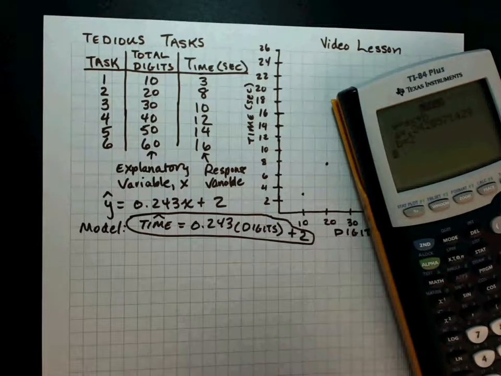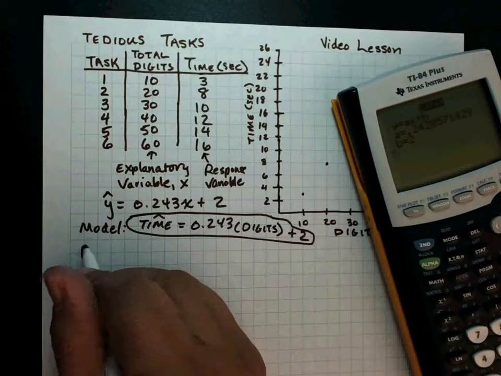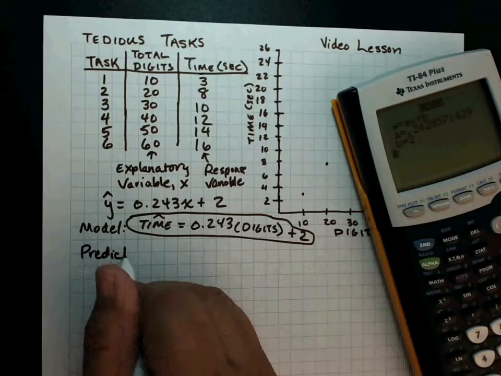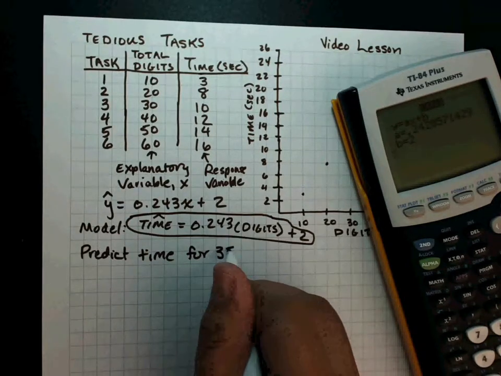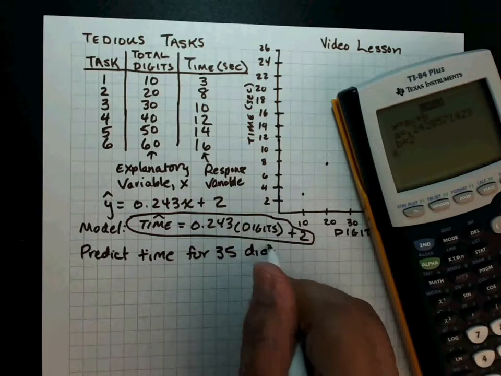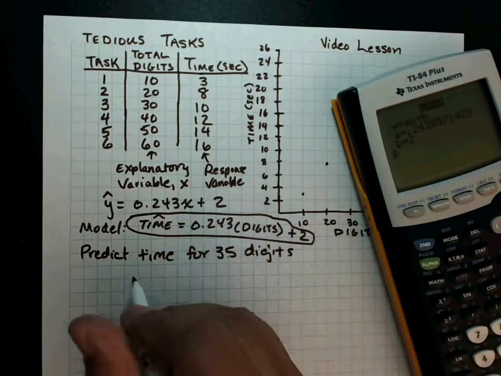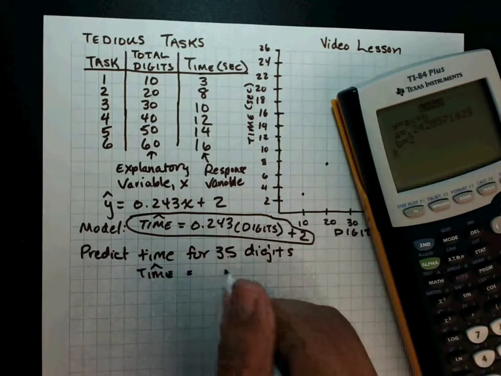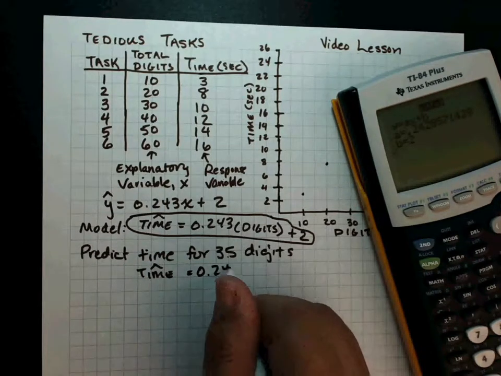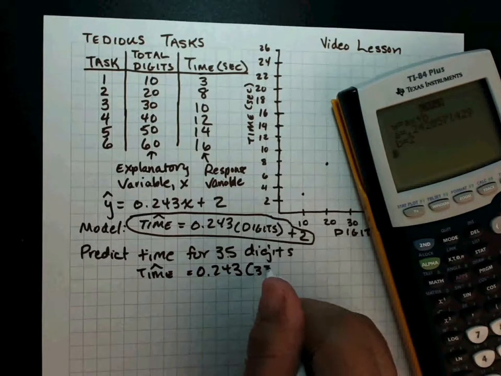Now I can make predictions with the model. For example, predict time for 35 digits. Well, what I would do is just put 35 in there. So the time would be 0.243 times 35 plus 2.